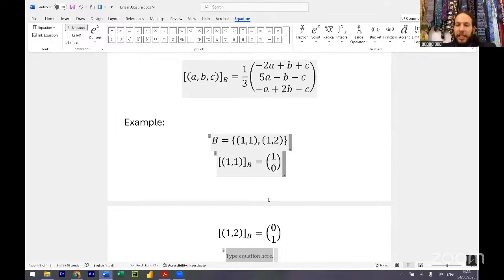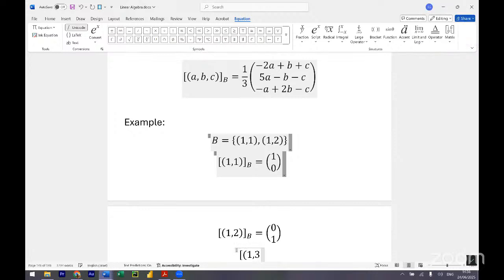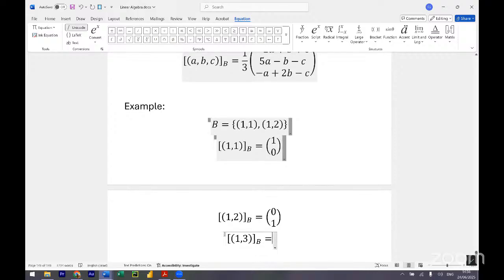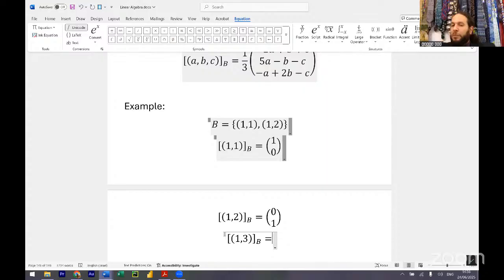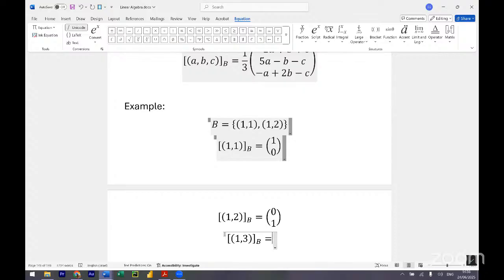What are the coordinates of (1,3)? That's a bit more challenging. Do you agree? Yeah, it's (2,-1), no, (-1,2), right?